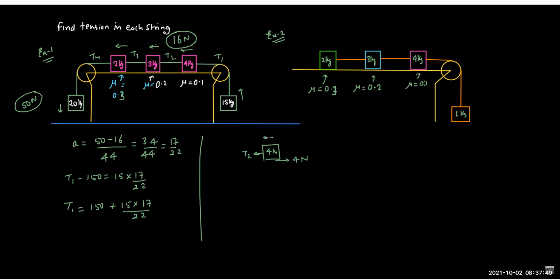And because the acceleration is same for all, we can write T2 minus the maximum friction force 4, because it's rubbing the surface so friction is kinetic, so we can add the value directly, equals mass into acceleration, which is 17 by 22, 34 by 11. Okay, I'm not solving this, and then you can proceed further and you'll get the answer.